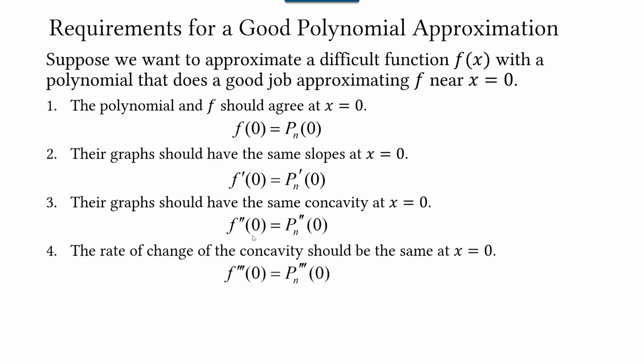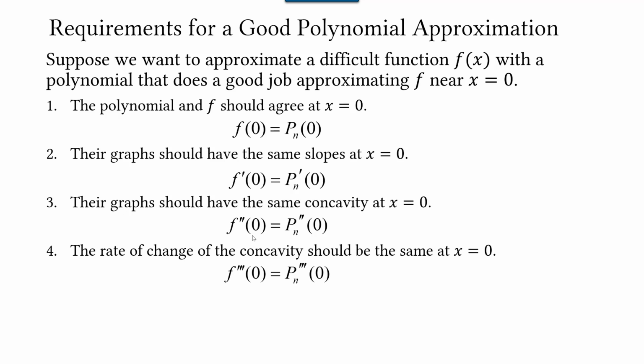And we could go a little further. We're going to kind of run out of geometric interpretations, but the rate at which the concavity changes should be the same at 0. So they should both change the way they're bending the same way at x equals 0.